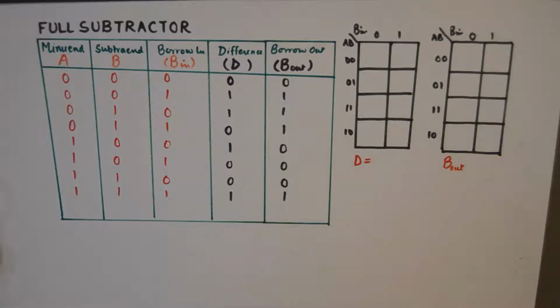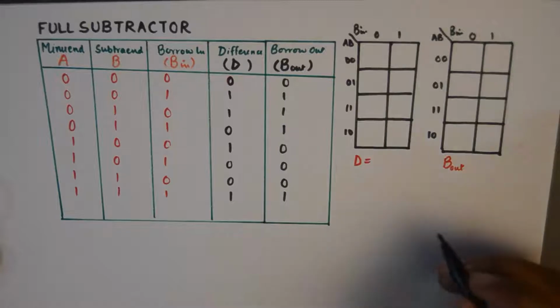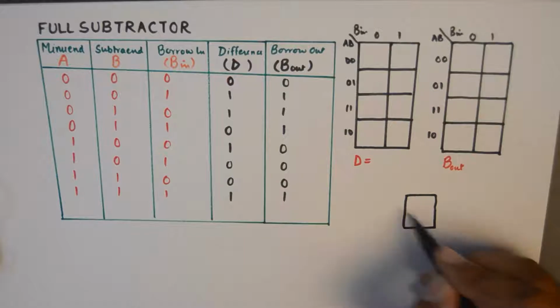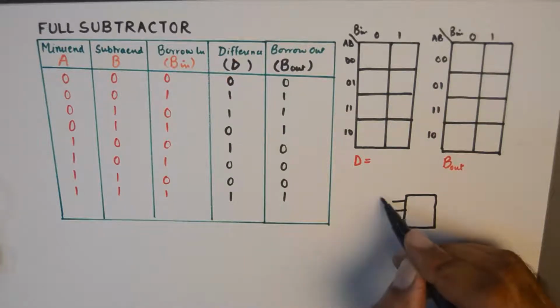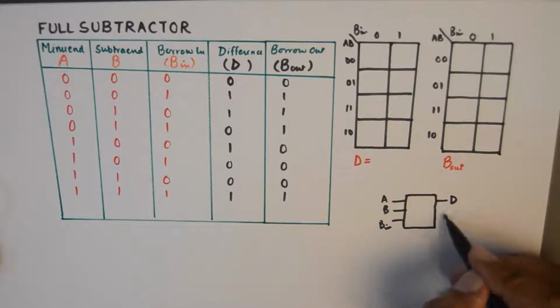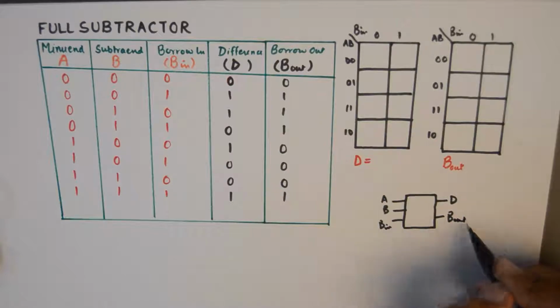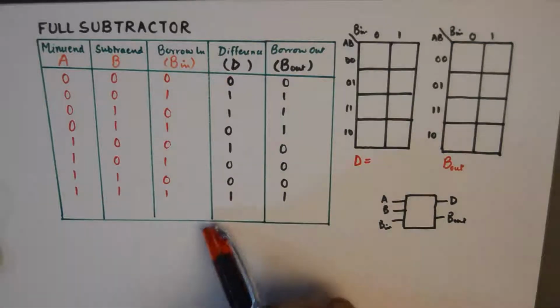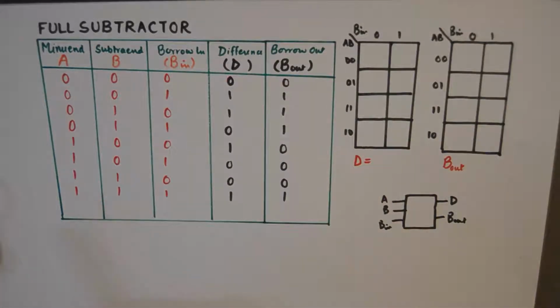All in all, this circuit will be a combinational circuit with 3 inputs, A, B and borrow in, and it will have 2 outputs, the difference and the borrow out. Firstly, I'll explain how the subtraction occurs and how this truth table is populated, because most of the time students get confused in populating this truth table.